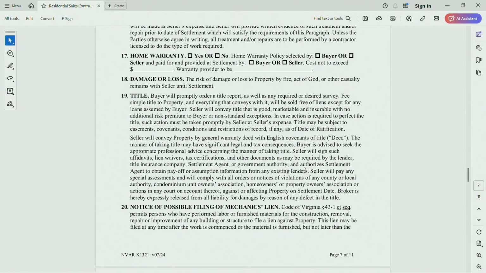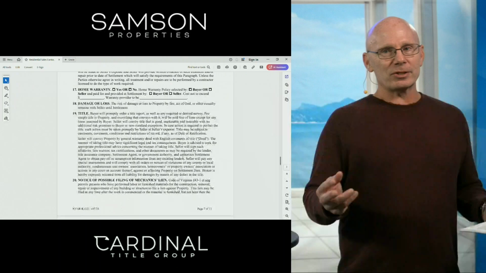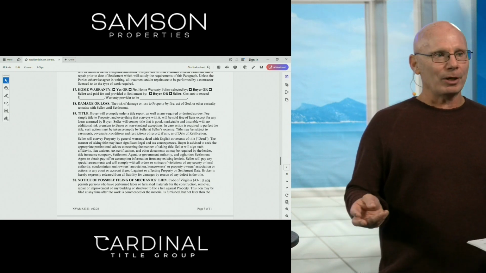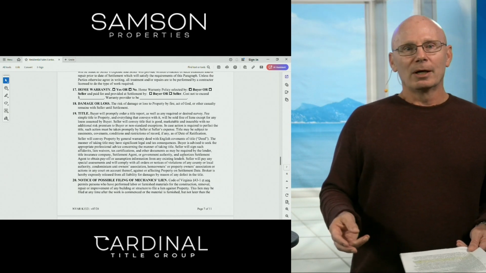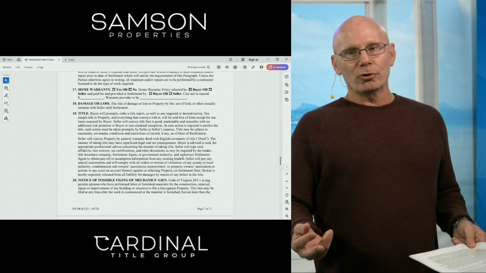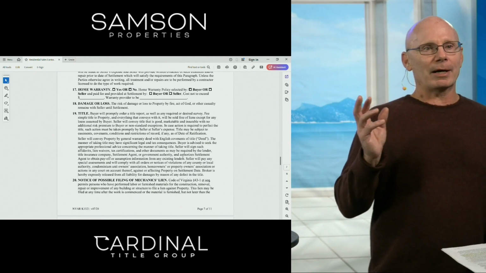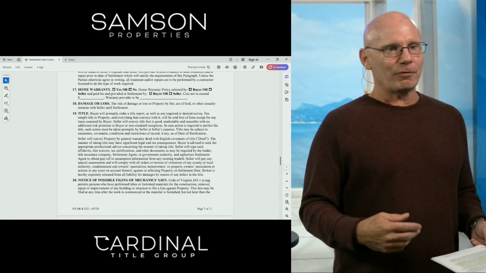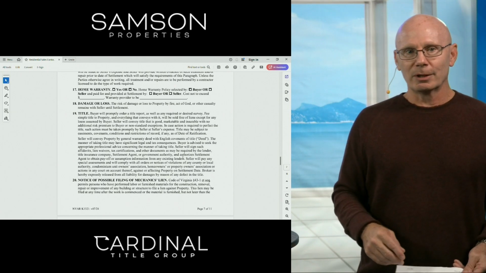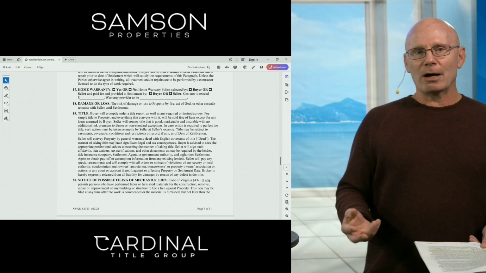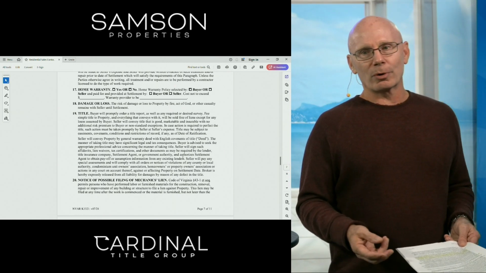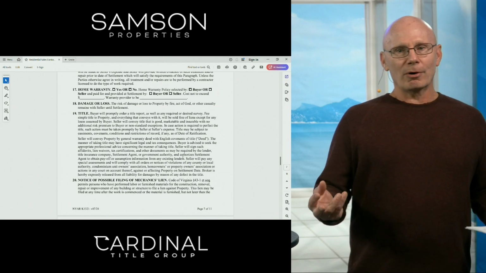Now say there's a fence that was put up around the rear part of the property that wasn't approved, and the seller's like, I'm not going to do anything with that fence. That fence has been up for years. I'm not doing anything with it. Well, you have to make a decision now with your buyer on whether or not you're going to proceed.